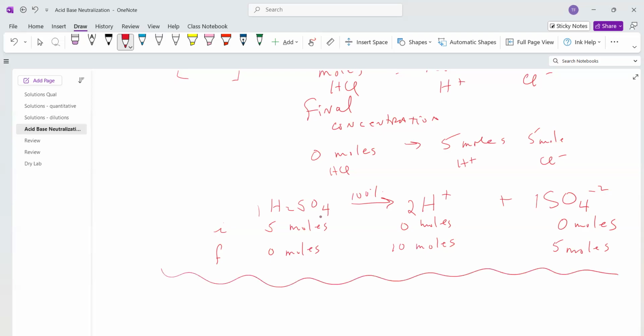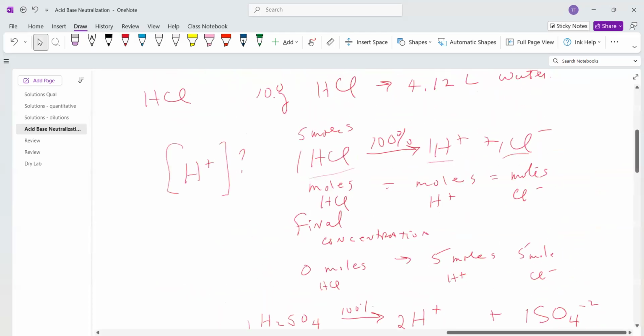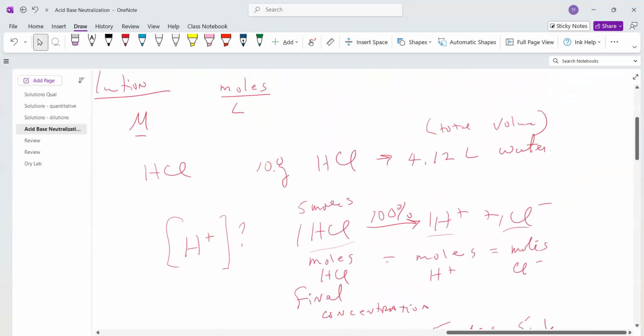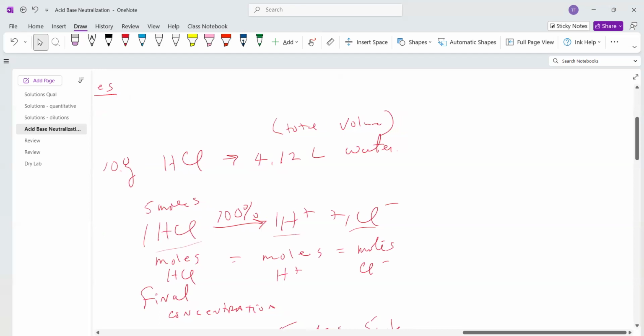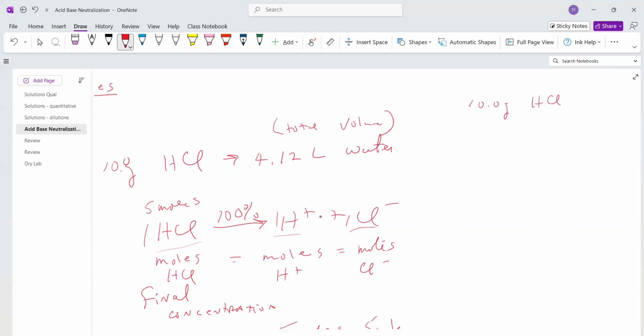Okay, so let's continue with this initial problem here. Heck, let's rewrite it up here. We have 10 grams HCl.